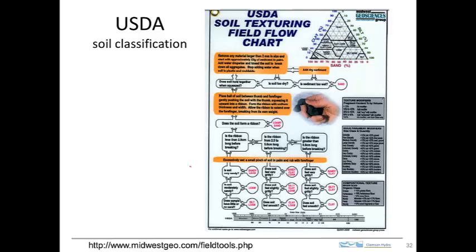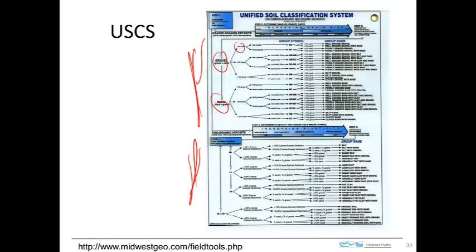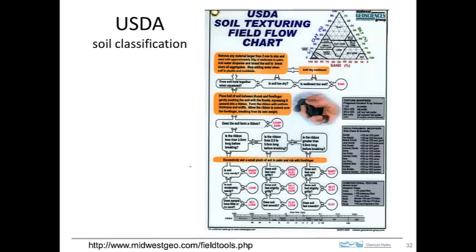So you tend to have a coarser level of classification when doing this in the field than what is actually shown on this diagram that I showed previously. But with USDA, you should be able to follow this flowchart and determine what kind of soils you have.